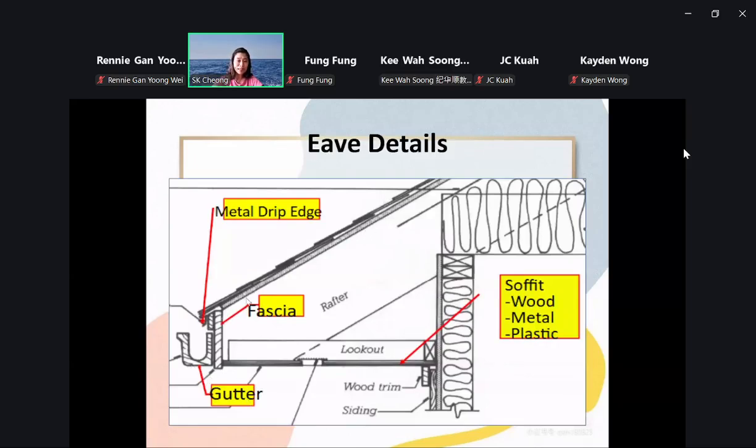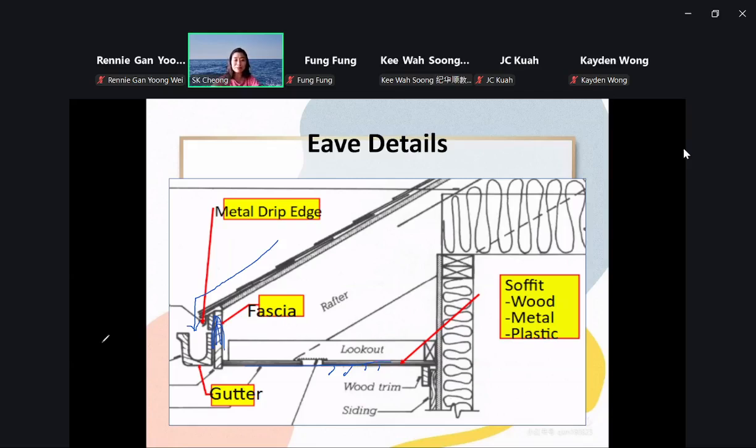Gutter is the place that receives rainwater. And we have this fascia board, very important, to prevent the water from running into the ceiling. What else? Metal drip edge. So this whole part is called the eave.